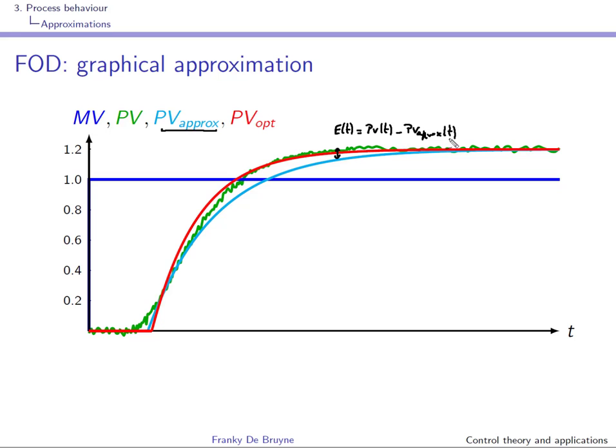So you can compute the approximation cost as 1 over n, where n is the number of data points that you have collected, times the sum of the errors squared, right? And this leads to the idea that what you could do is, well, try to minimize such a cost, okay?